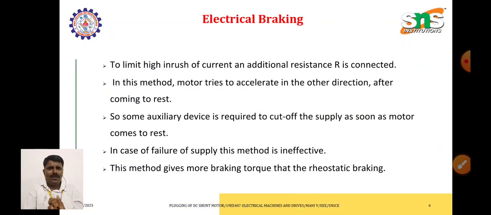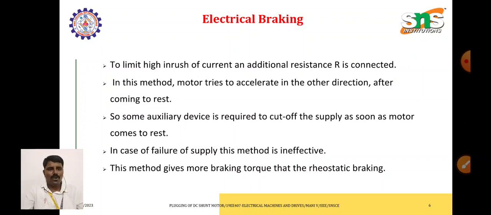So in this plugging operation, the armature connection gets reversed, in series with the armature we insert one variable rheostat, and the field remains the same. In this case, the motor acts as a generator, and it produces a voltage two times.